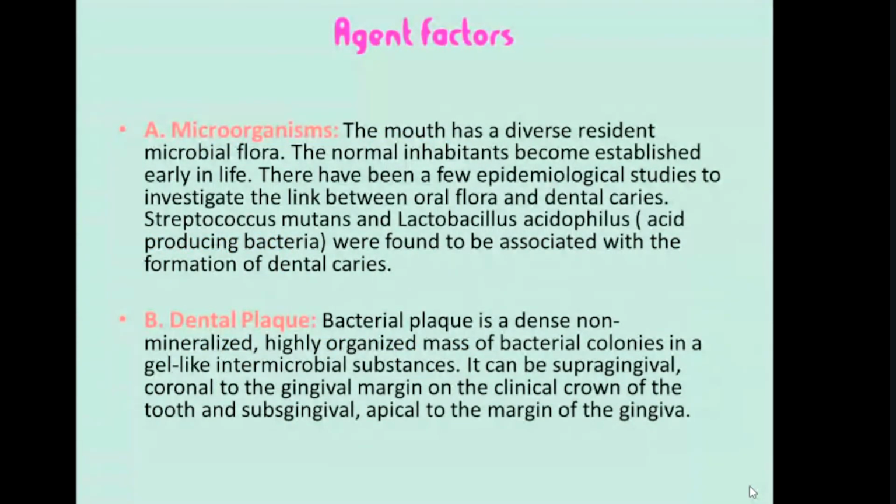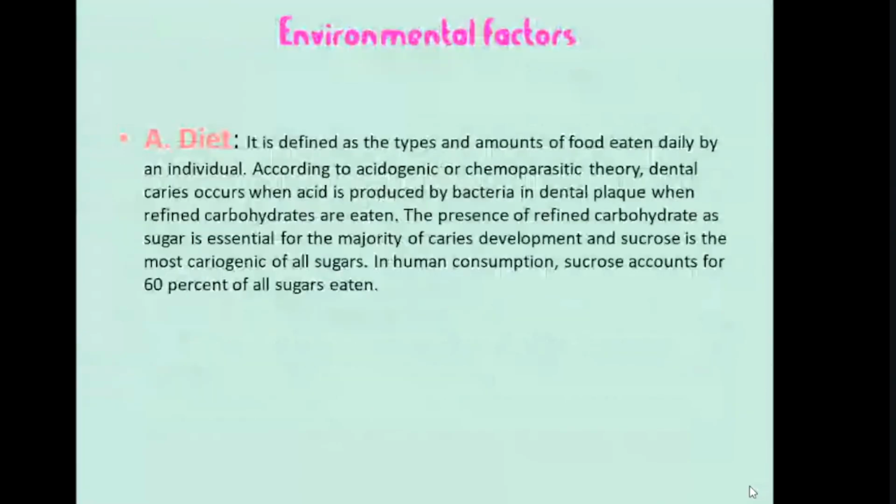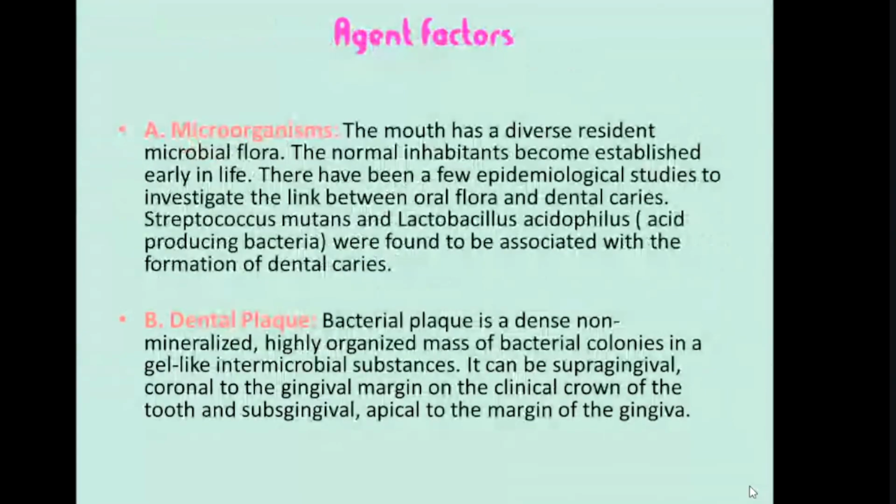If we start to talk about agent factors, اللي احنا قلنا هي microorganisms و dental plaque. Microorganisms: the mouth has a diverse resident microbial flora. The normal inhabitants become established early in life. There have been few epidemiological studies to investigate the link between oral flora and dental caries.